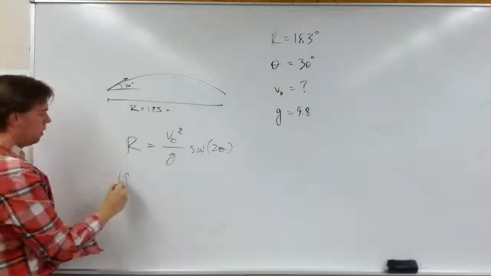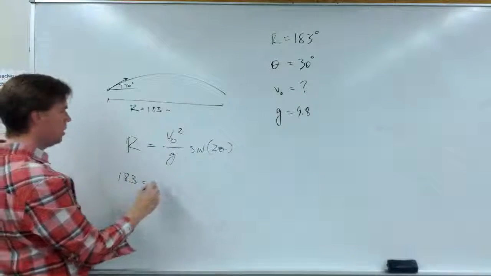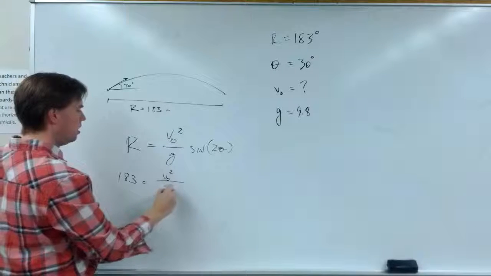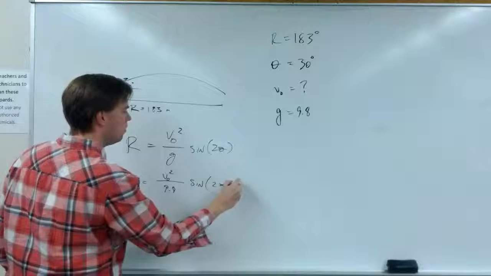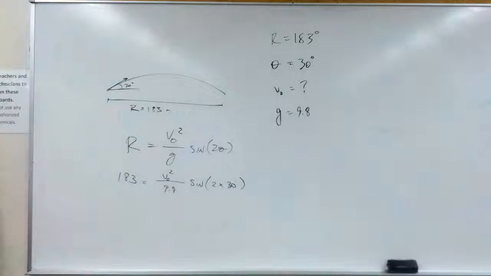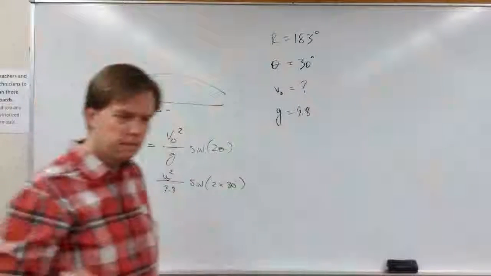So once I plug all this in, then it's just a matter of doing the algebra. Because I have an equation with just v in it. So I just need to solve this equation. Does that make sense?